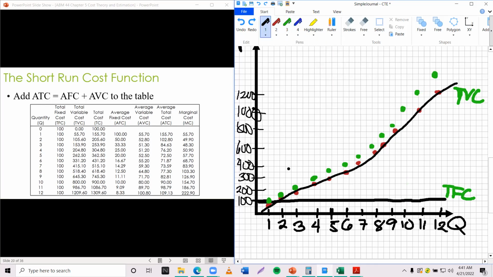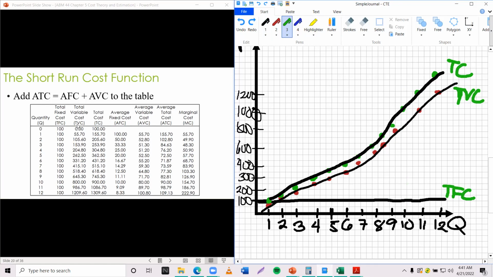So that's how we are going to plot it based on our numbers in the table. They are the same as TVC or variable cost. So this is TC, and this is how we are going to plot it in a graph.